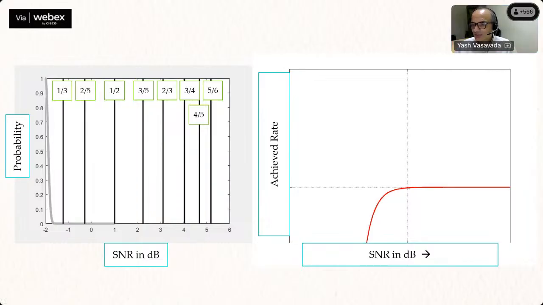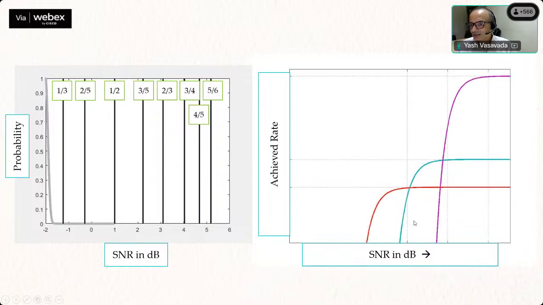Because of which, unlike this case where your SNR keeps on increasing but doesn't give you any benefit in terms of the achieved rate, as the SNR increases, you go to a better channel coding rate and better modulation that will give you better data rate. The SNR goes even higher, then you go to this purple one.